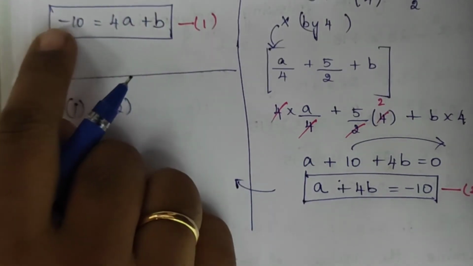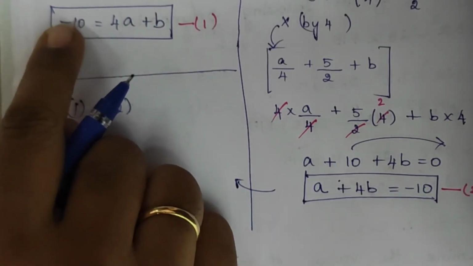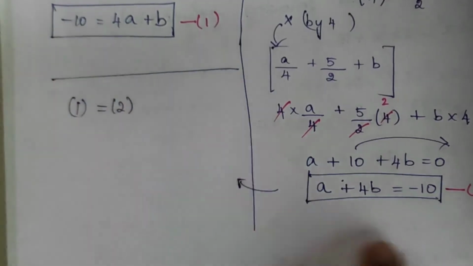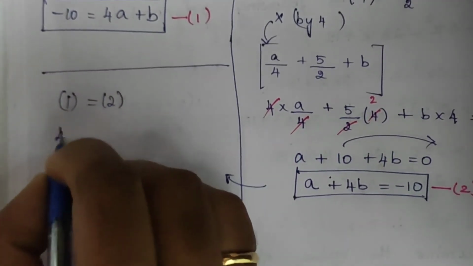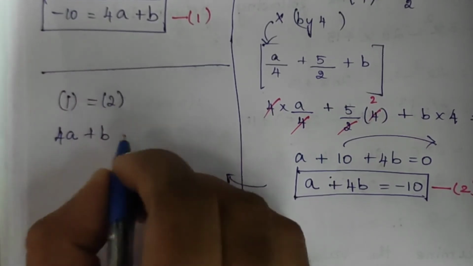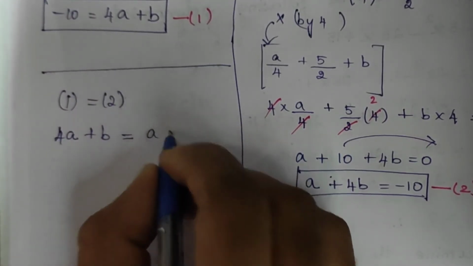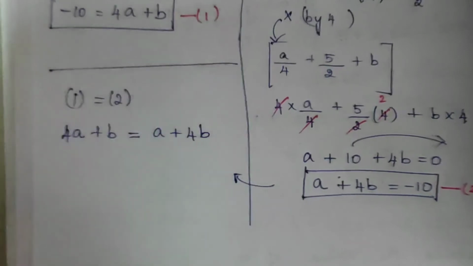Since in these two equations, the right side is equal to minus 10, I'm going to equate equation 1 to equation 2. So 4a plus b is equal to a plus 4b.